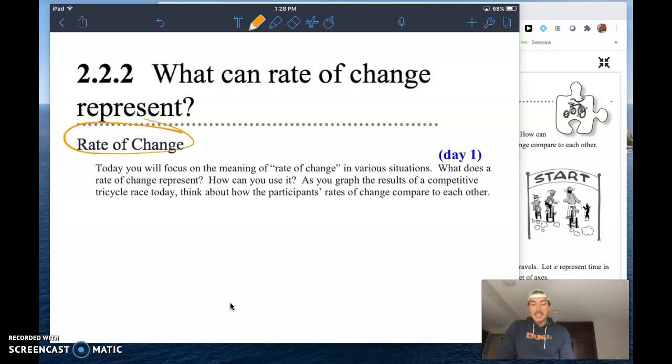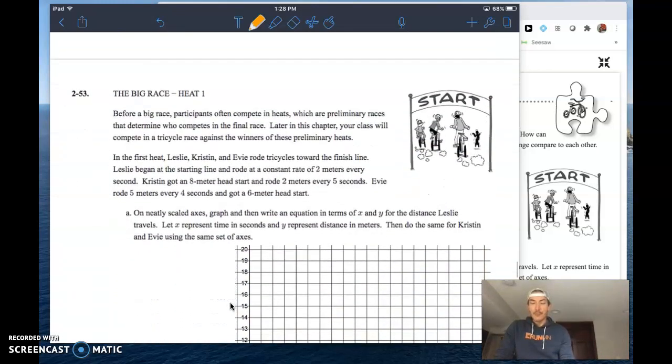And we've got this framed up in a trike race, or a bicycle race. I'm sorry, I guess they're trikes. Typically, and this is true in the Olympics, it's true in a track meet, if you've got a finals competition, that final is usually preceded by what they call heats. So you might have to make it to the finals because you won your heat. And that's what we've got going on here.